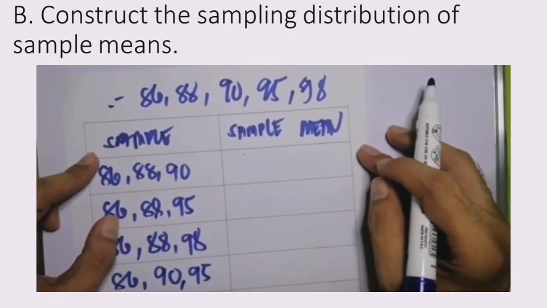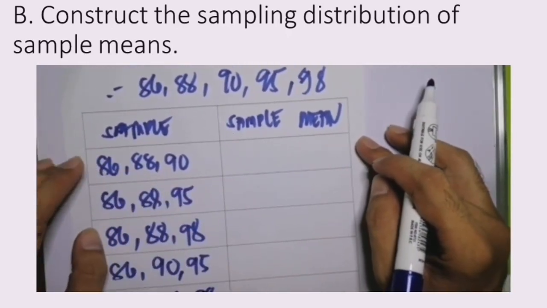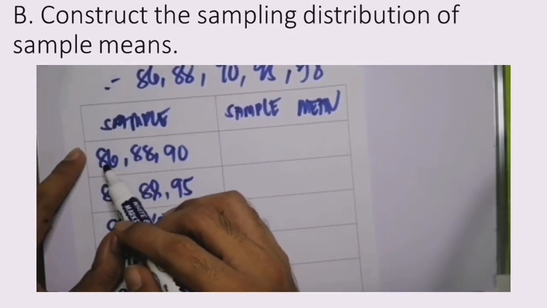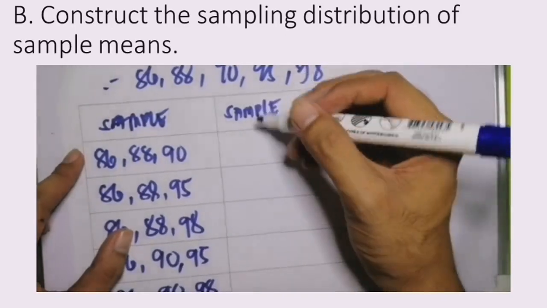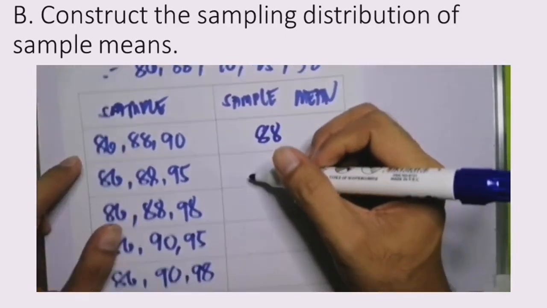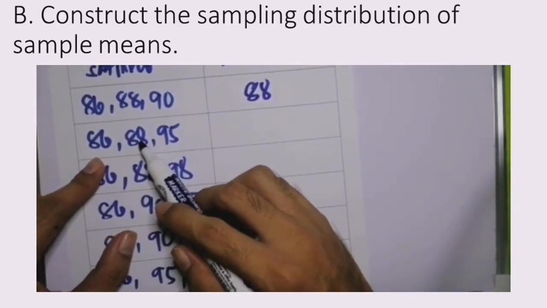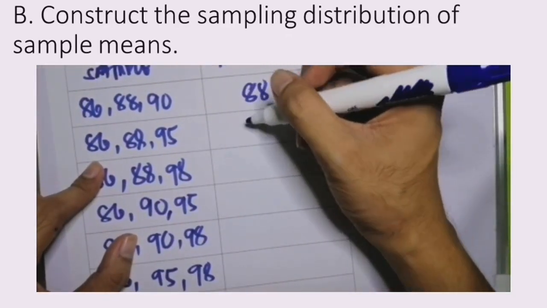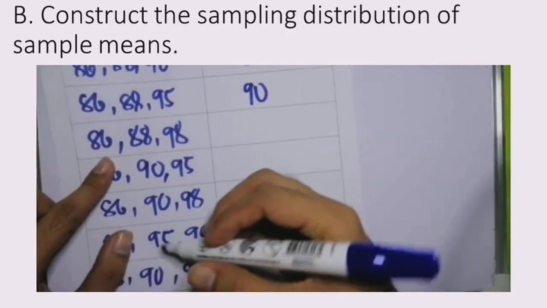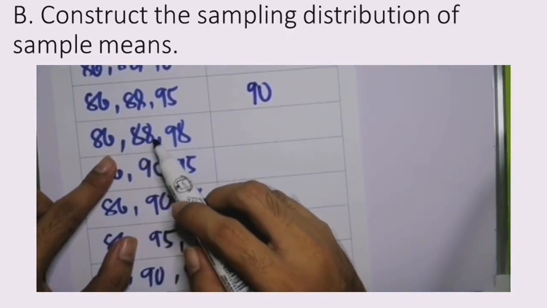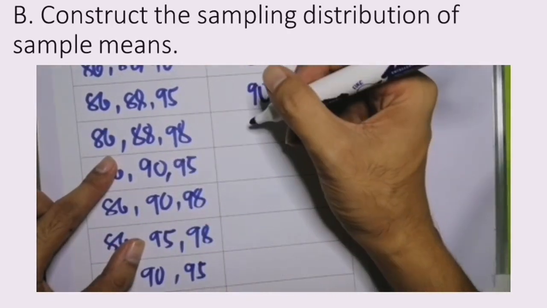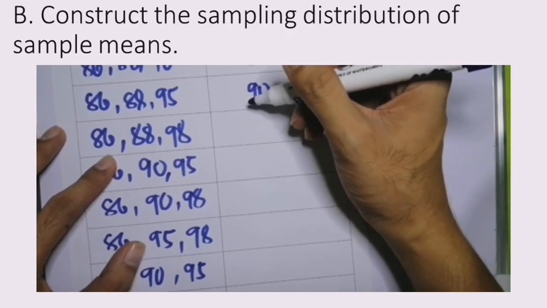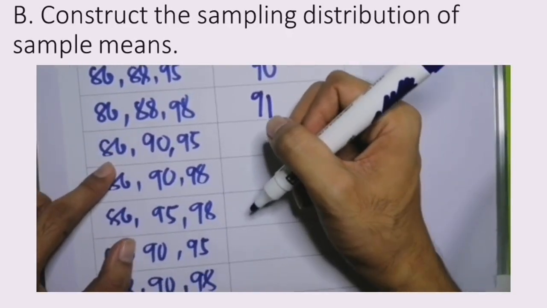Again, to get the sample mean, we add them, then this time we divide by 3. Okay, 86 plus 88 plus 90 divided by 3, that's 88. 86, 88, 95 divided by 3, that's 89.6 or 90. 86, 88, 98 divided by 3, that's 90.6 or 91.